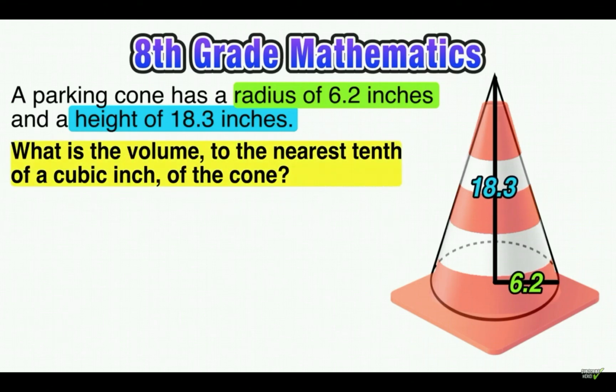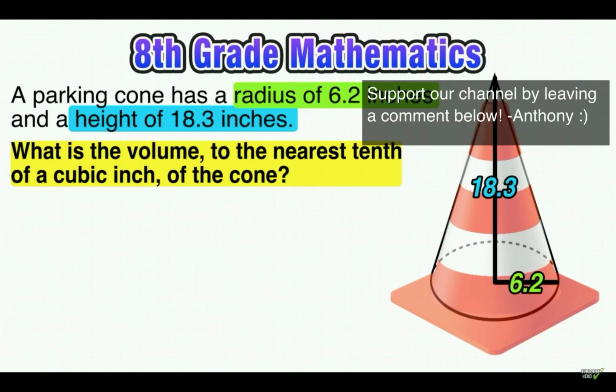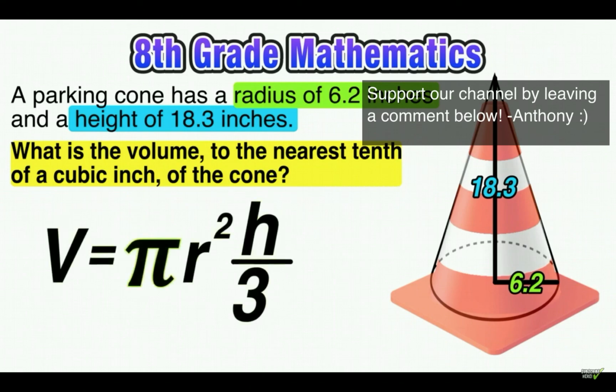And we should know that when we want to find something like volume of a three-dimensional figure, we always have formulas that will help us. So for this problem, we go into our geometry tool belt and we pull out the formula for finding the volume of a cone, which is V equals pi r squared times 1/3 of the height.